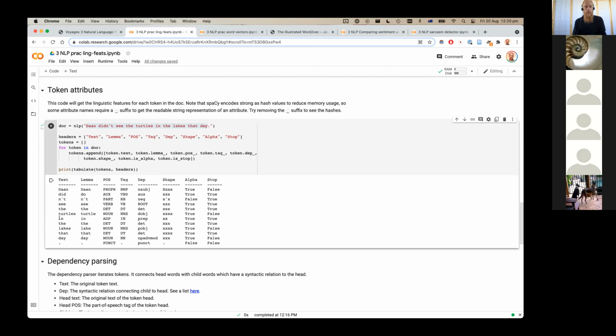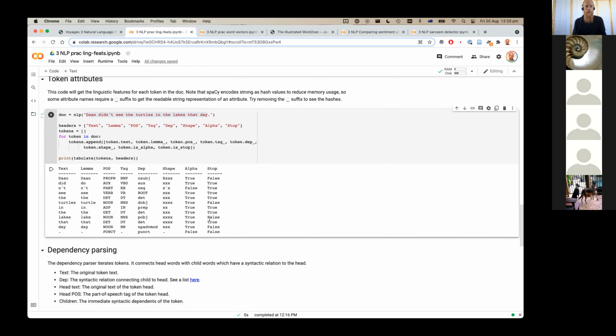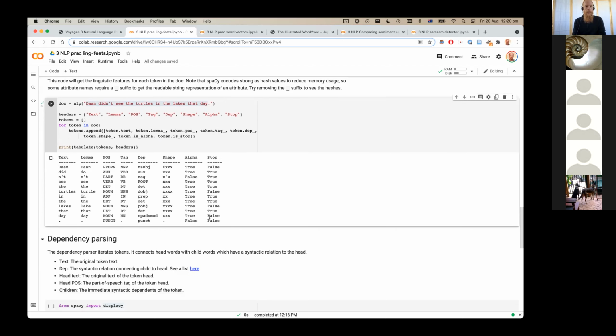So we'll see that words like in and the are stop words. Did not, these are stop words. They're not likely to be significant for working out concepts like meaning in a sentence.